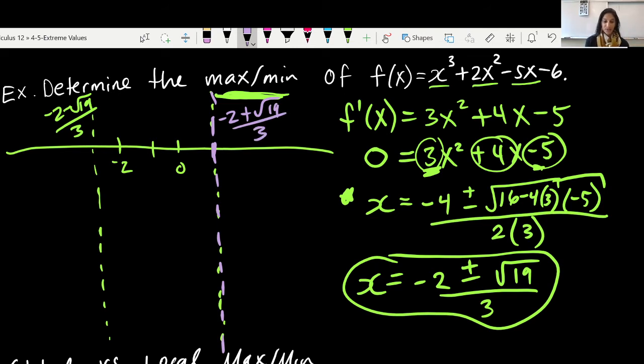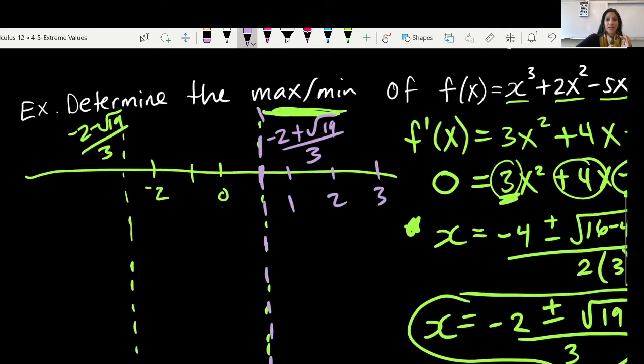And again, I'm just wanting to pick values that are around here. To the right of that would be the number 1, 2, and on and on. So you can get a sense of where this is, and you could punch all of this into your calculator to get an idea, or if you find it easier to work with decimals, but I wanted to show you where I'm getting this from so you can clearly see what's happening.